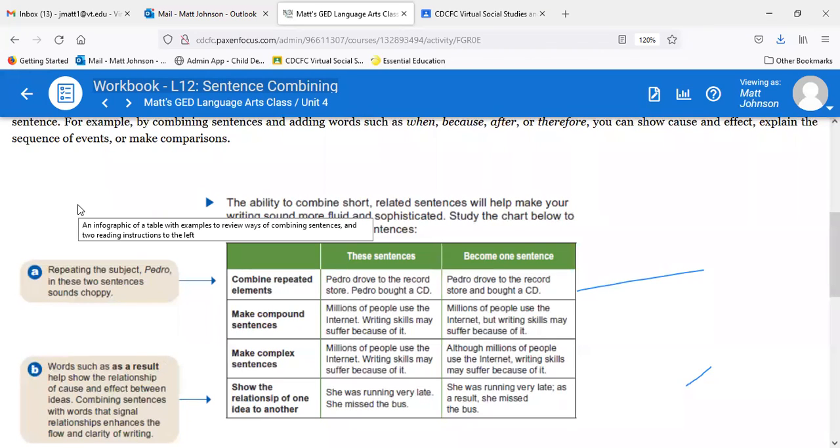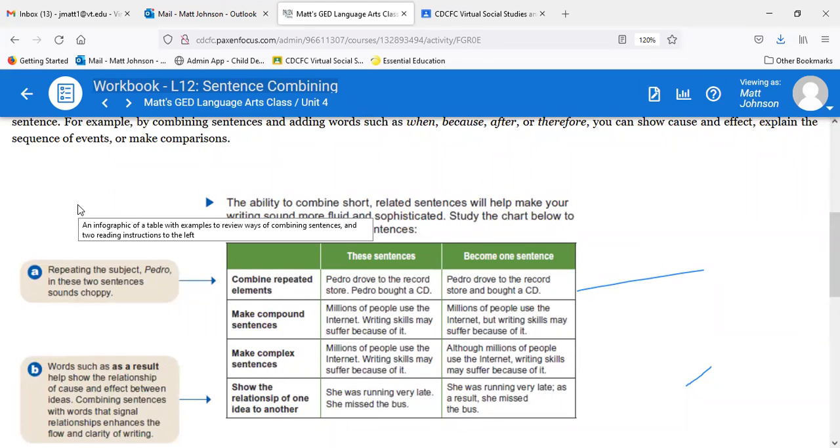So although millions of people use the internet, right, that's not a complete sentence on its own. We talked about sentence fragments. So we need another clause to connect to that subordinate clause, comma, writing skills may suffer because of it. Putting those two together, we have a complex sentence.